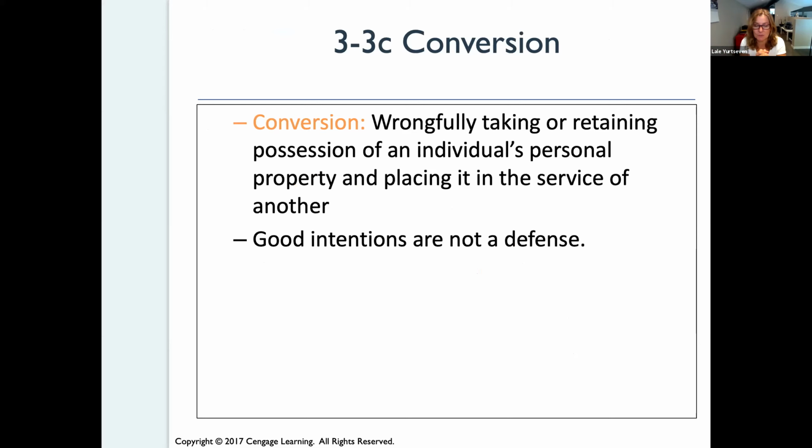That is a tort as well. It's at the same time a crime. Again, crimes are involved in these as well, right? But you would sue in civil court based on tort law. Good intentions are not a defense. You can't be a Robin Hood and take property from somebody and give it to somebody else. It's still illegal. So, any questions about that?